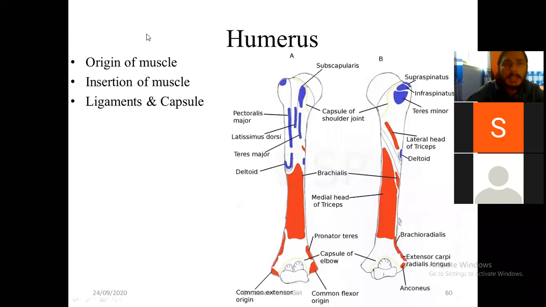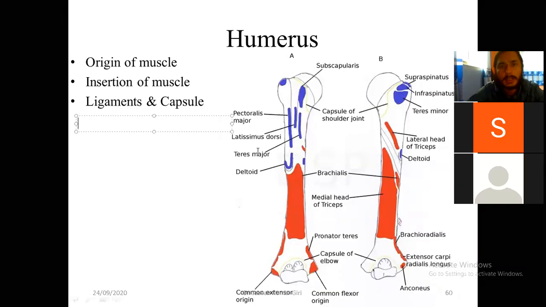Now I'll list the muscles attached on the humerus. You can see these blue color muscles, isn't it? So we'll see the muscle attachment. In the greater tubercle, you will find three muscles inserting.